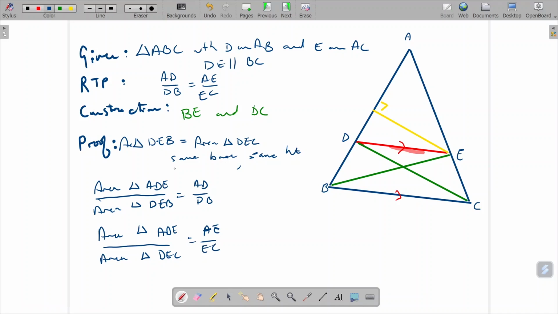But again, for those of you who can't see it, I will now try to draw it in, and maybe this will help make it a little bit easier. What I've drawn in, in this case, is the height that is coming down from vertex E, vertex D. And so what I'm talking about here is that if I was to use that as my height, you can see then that these two triangles on the right side have the same height, the line that I've drawn in black.